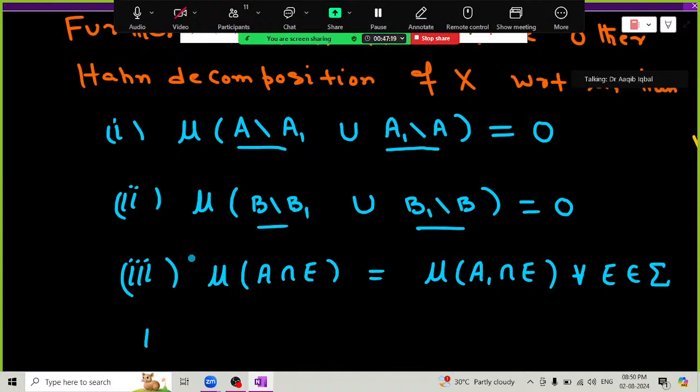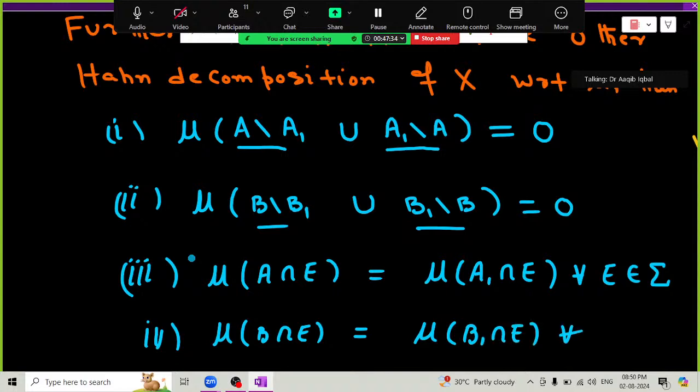Okay. And the fourth property is mu of B intersected with A will be the same as mu of B1 intersected with A, and again this will be true for all the A's in sigma.